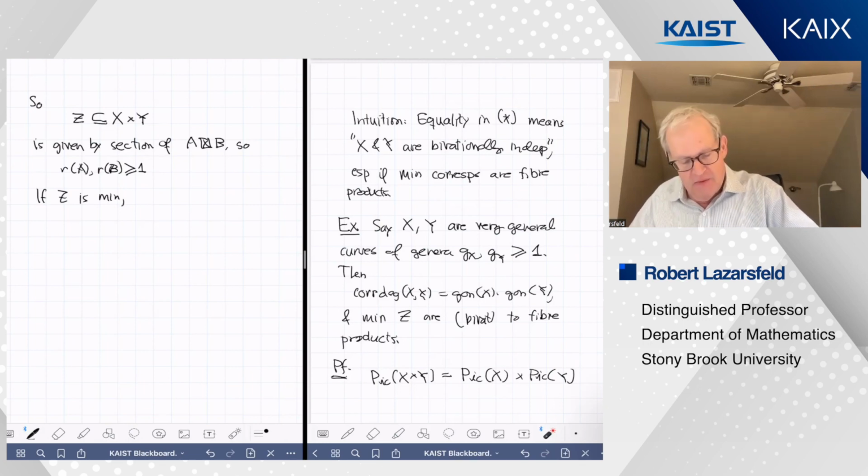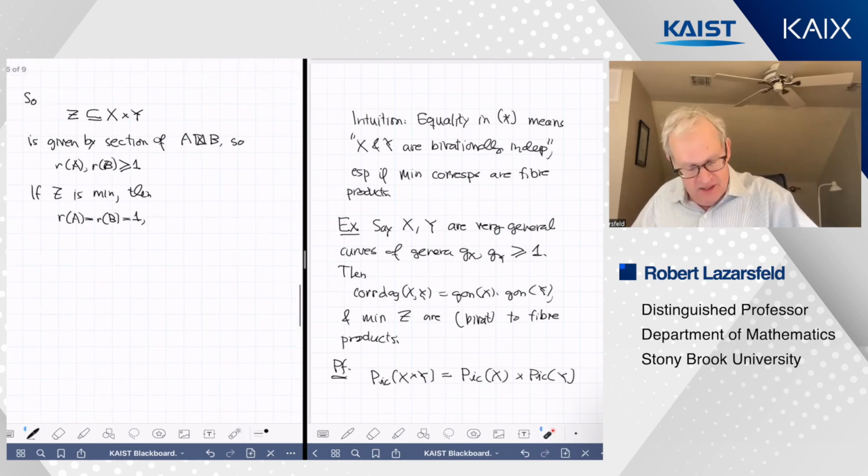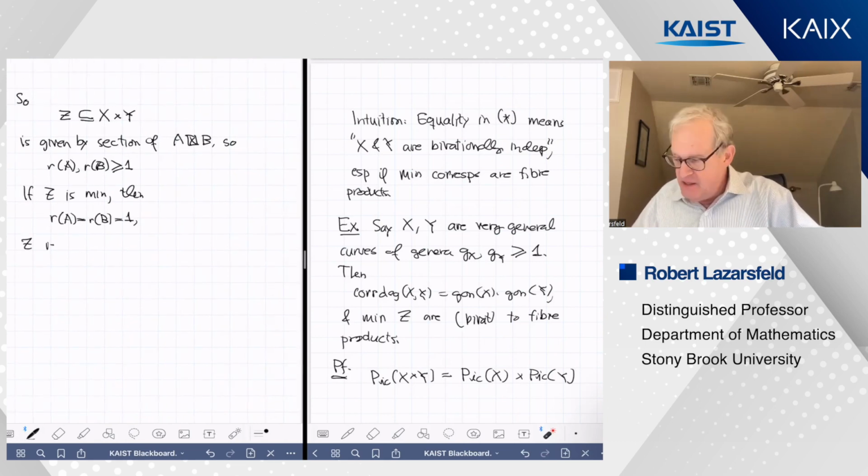If they weren't pencils to begin with, you could get smaller degree, you could impose base points. So then r of A and r of B has to equal 1, and then basically z is the pullback of a divisor of type (1,1) on P1, and z is the normalization of a fiber product.